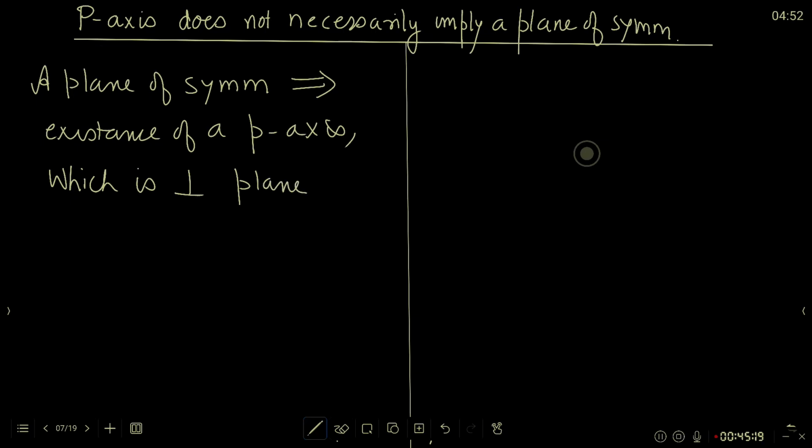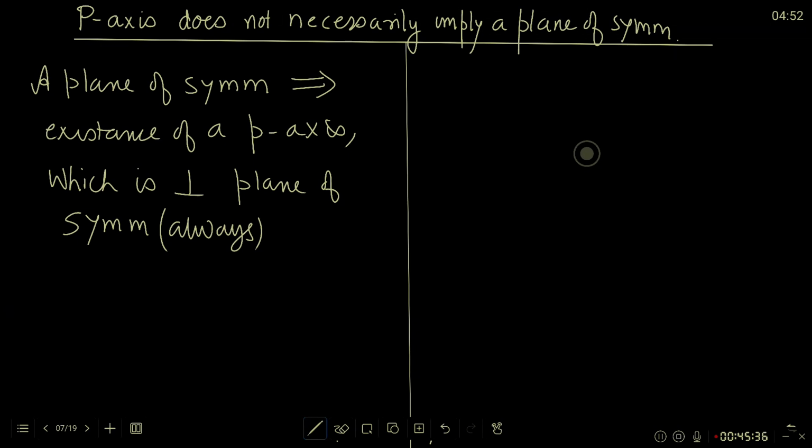Always. And the arguments that I gave on the previous slide will hold good always, and that's why I am confident that a plane of symmetry will always give me the existence of a p-axis.